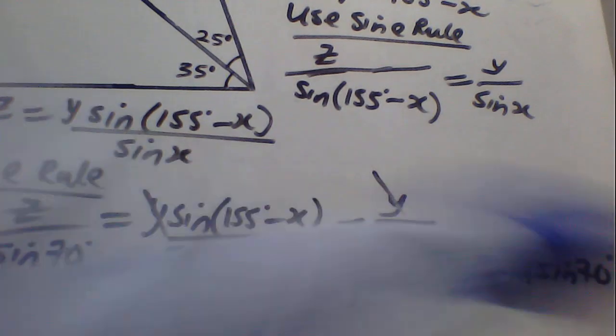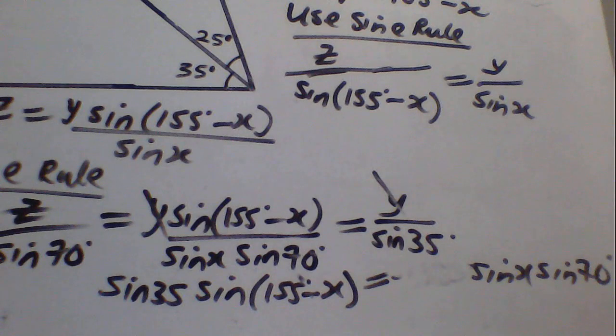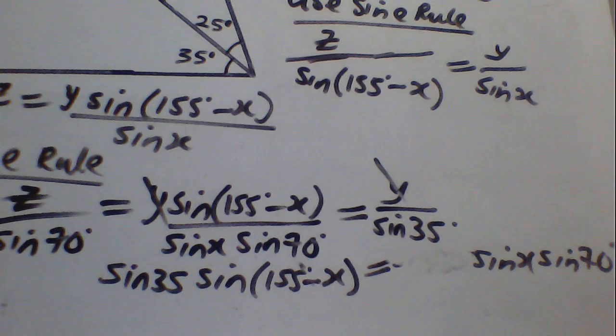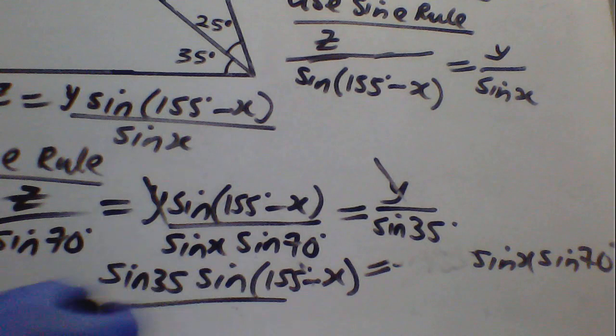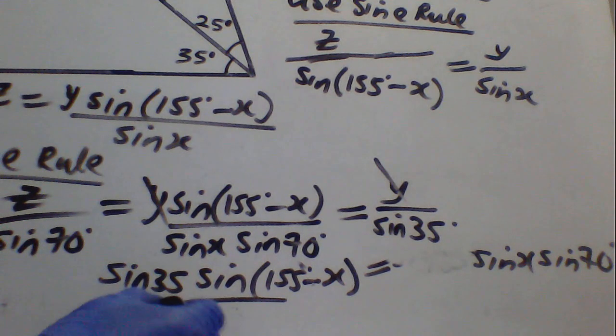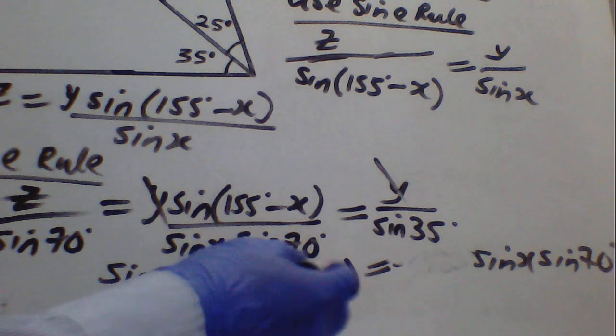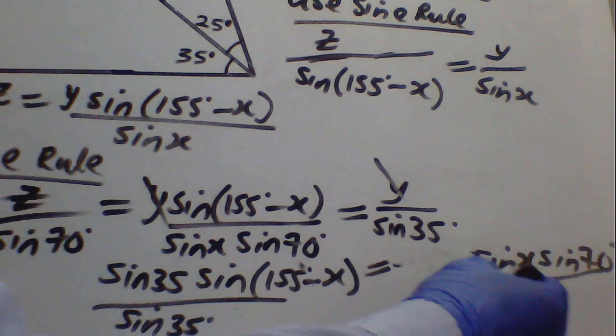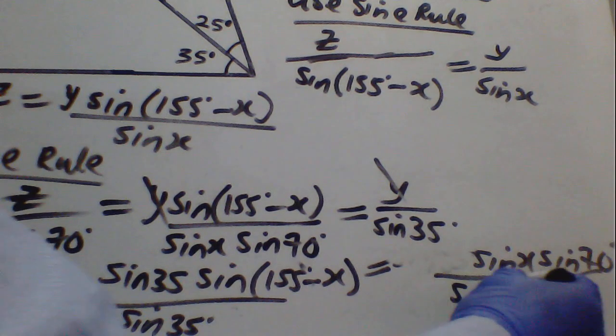So divide both sides by sine 35. Divide by sine 35 after you cross multiply. This is to make this value here the subject of the formula. So we divide by sine 35.